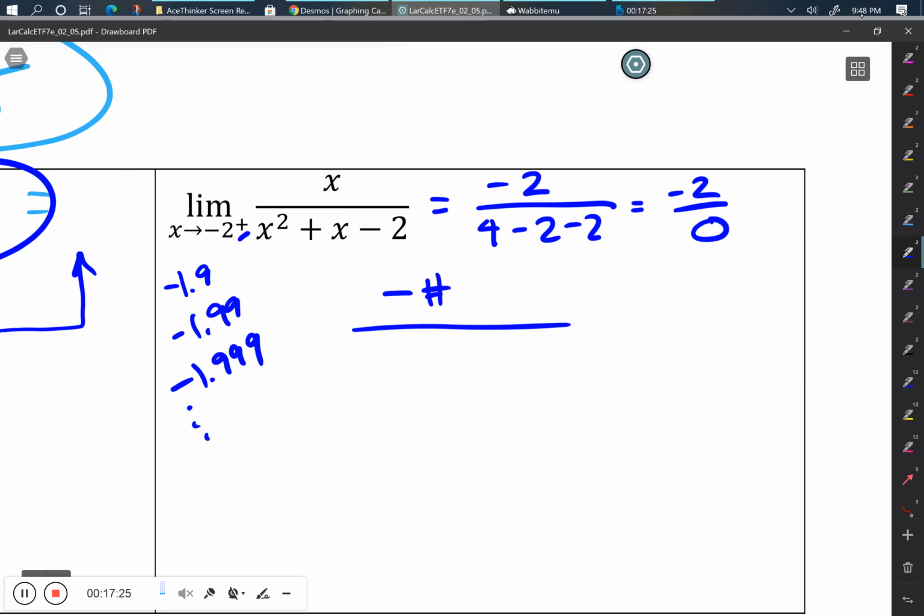What will the denominator be? Well, when I square it, that's going to be positive. But then this is going to be a negative number, and that one's going to be a negative number. So, how can I figure this out? Well, if these two are bigger than this one, the answer is negative. If this one's bigger than these two, then the answer is positive.